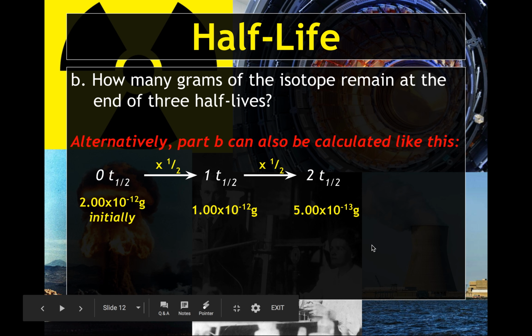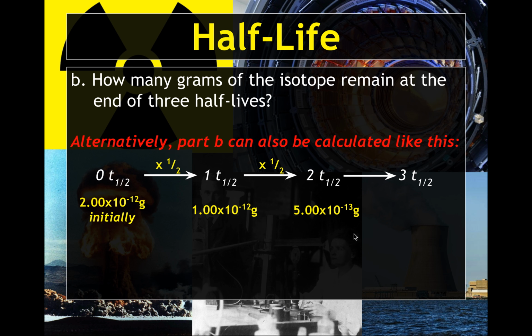Multiply that by half. And there's your answer. Now, we have to go 3 half-lives, so there's our third one. And the amount remaining, after we multiply this by 1 half, is, again, 2.50 times 10 to the negative 13 grams. Each time we go through a half-life, we just multiply the starting amount by half.